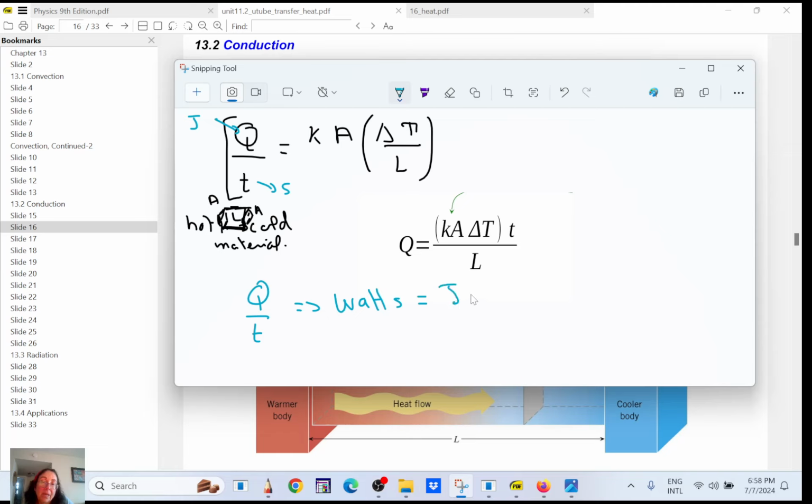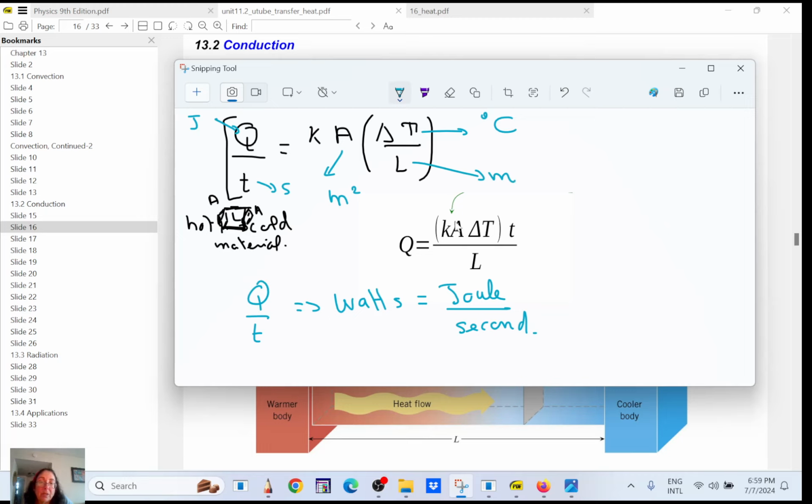Watts is the same thing as joules per second. Area will be in meters squared, the temperature difference in degrees Celsius, and the length in meters.